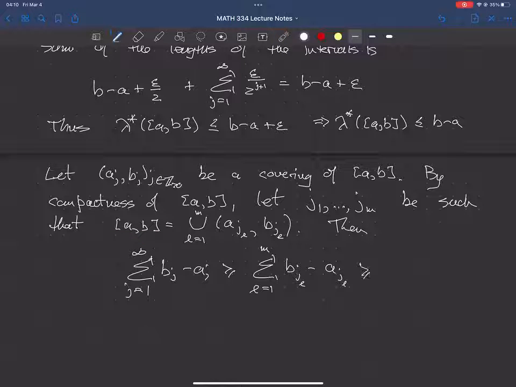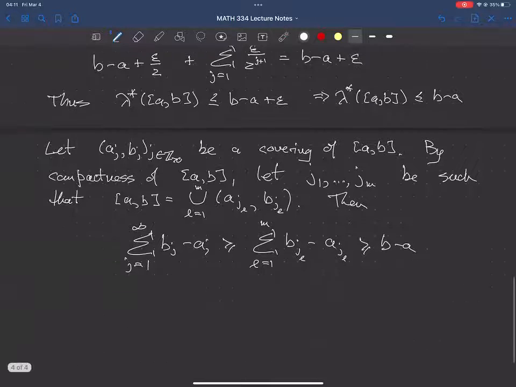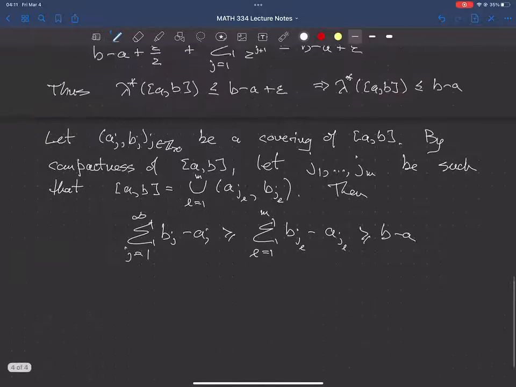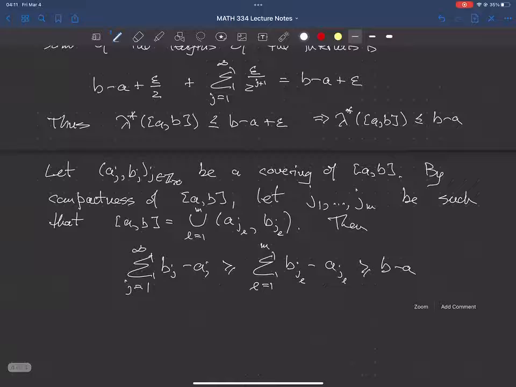And this is therefore greater than or equal to b minus a. So this shows that for any covering of [a,b] by open intervals, the sum of the lengths of those intervals must be at least b minus a.